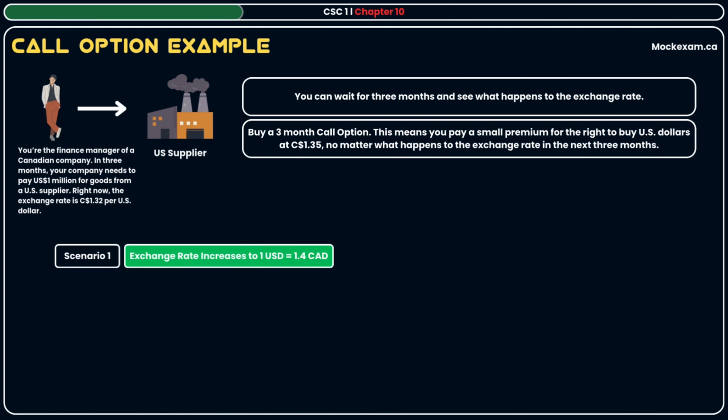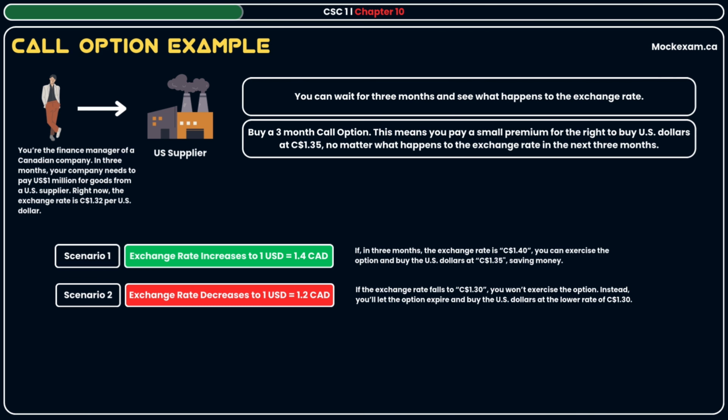So in both of these scenarios, you, as a seasoned finance manager, insure this transaction by making a smart decision. You signed a call option, so you have a guaranteed rate of 1.35. If the exchange rate goes up, you can buy at 1.35.